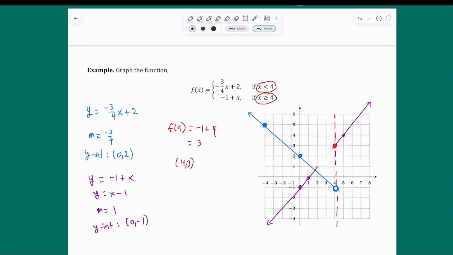I might have misspoken earlier. I deleted everything to the right of the red line for the blue line. But the purple line, I'm going to delete everything to the left because we know x is greater than or equal to 4. It equals the line -1 plus x. All right, and so that's how our graph would look.